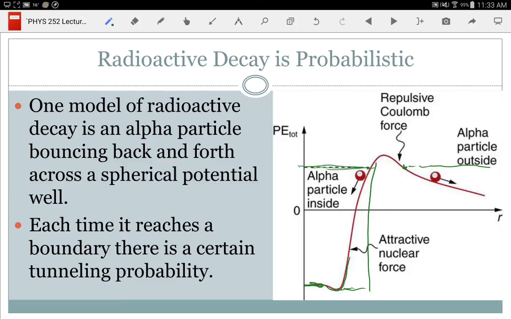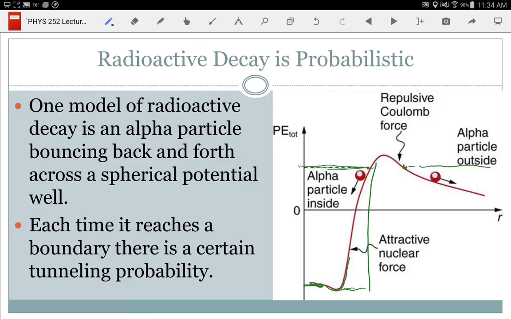We treat this alpha particle as if it can tunnel, and then we say based on its energy, we'll just calculate its speed based on its kinetic energy. And once we know its speed and know the size of the nucleus, we can say, okay, it's going back and forth in the nucleus, and it hits the side approximately x times per second, based on its speed and the size of the nucleus, right? Not a hard calculation.